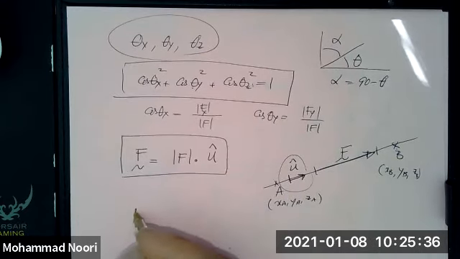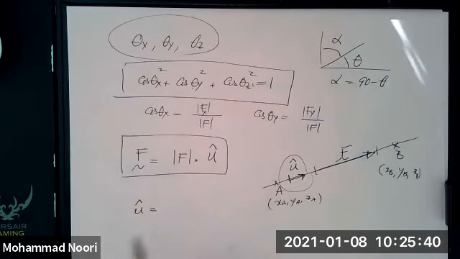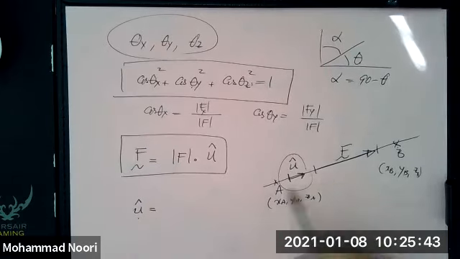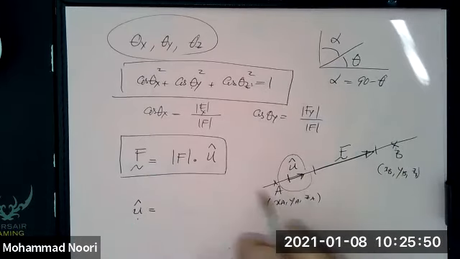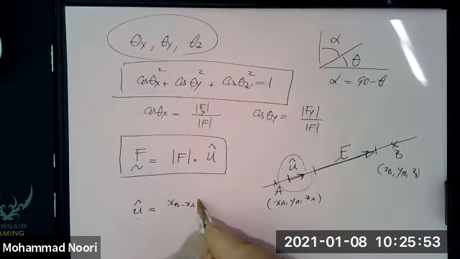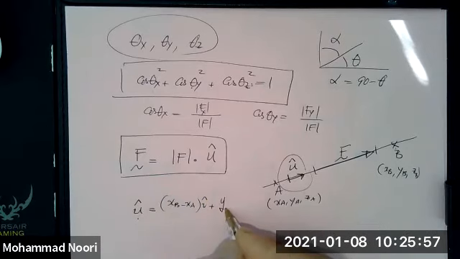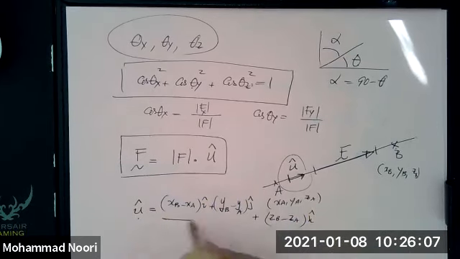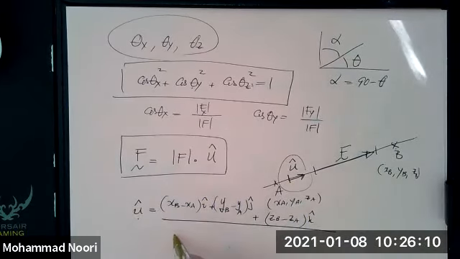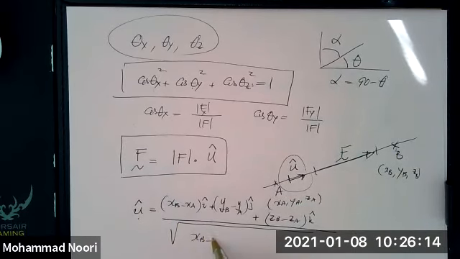But from calculus or physics, you remember easily that the vector equation for a unit vector along a direction where the 2 points along that direction are given can be simply written as x of b minus x of a times i plus y of b minus y of a times j plus z of b minus z of a times k, divided by the length of AB, which is the square root of the sum of the squares of these quantities in these parentheses.